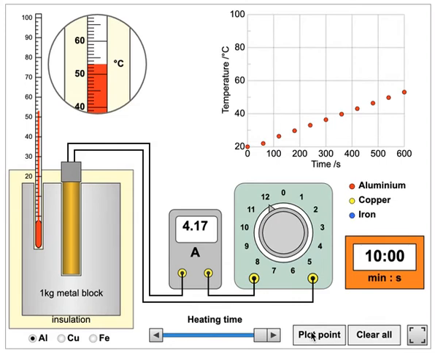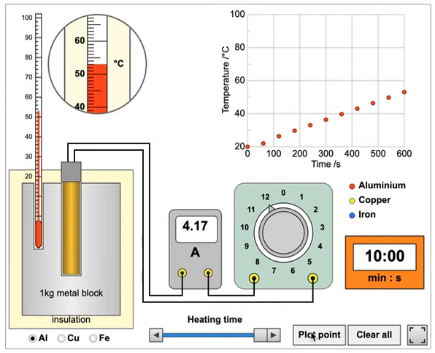So current 4.17 times the potential difference times the time, and that would be 10 minutes, so we'd have to convert that into seconds, so 10 times 60, so 600 seconds. So 4.17 times 12 times 600. Our change in temperature divided by that would tell us the specific heat capacity for our metal block.